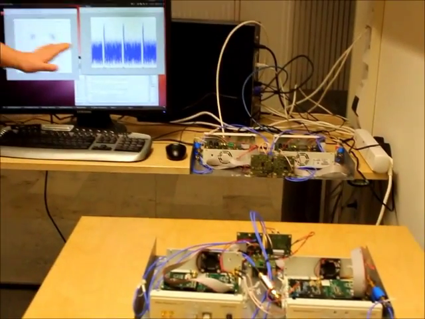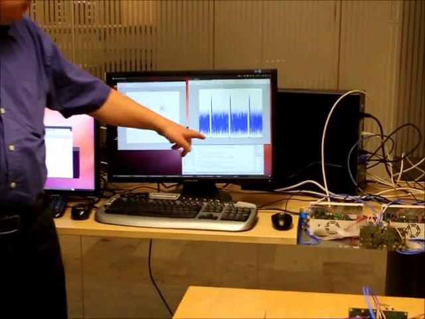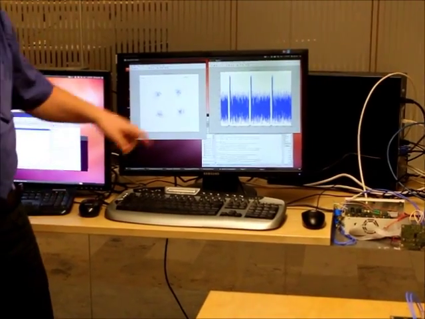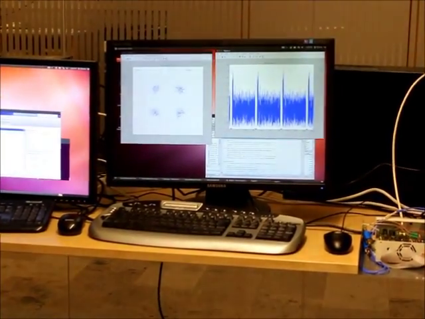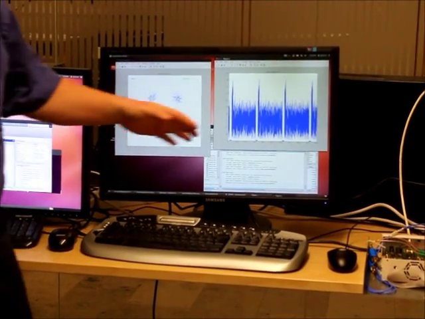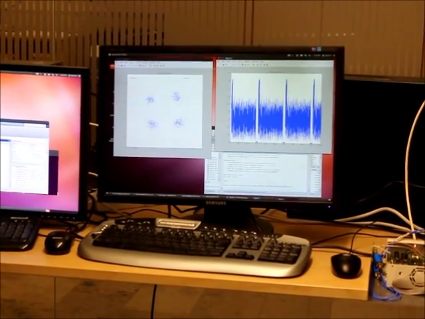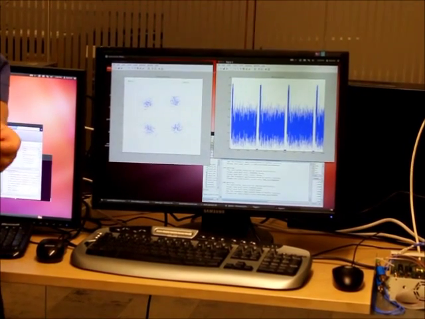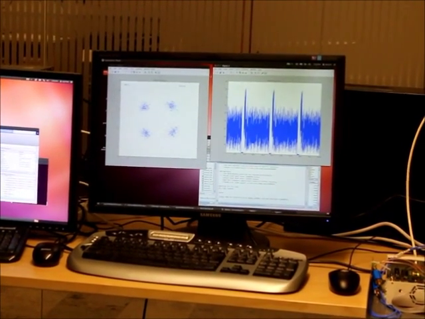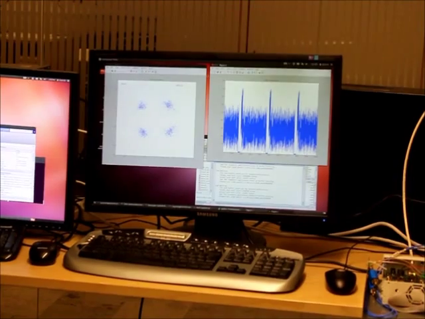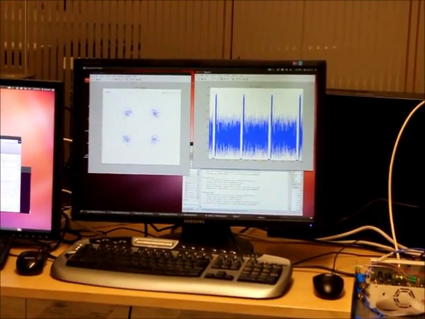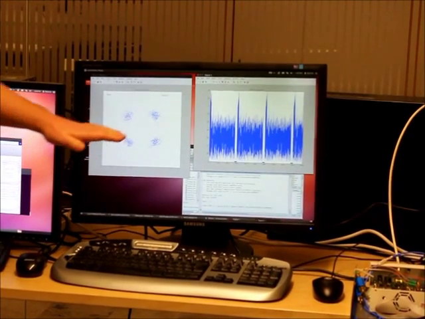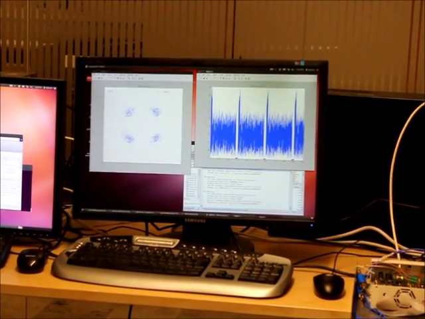Here is the transmission. Here you can see the received signal in the time domain. We are transmitting a training sequence and then a burst of OFDM symbols. It's an OFDM modulation with 16 sub-carriers plus one sub-carrier for phase tracking, and we do this with 25 megasamples per second. And this is the constellation at the receiver.